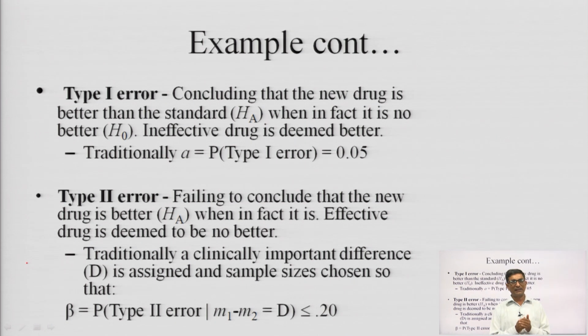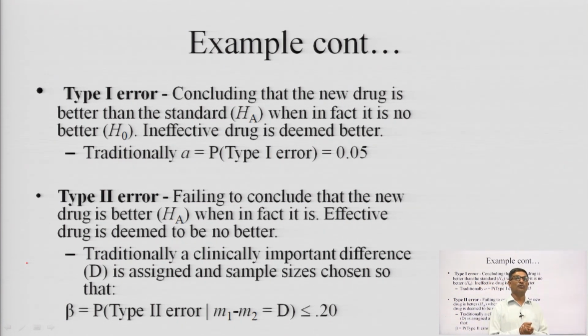Type 1 error we consider in this example is concluding that the new drug is better than the standard, that is H A, when in fact it is no better, null hypothesis. Inactive drug is deemed better.